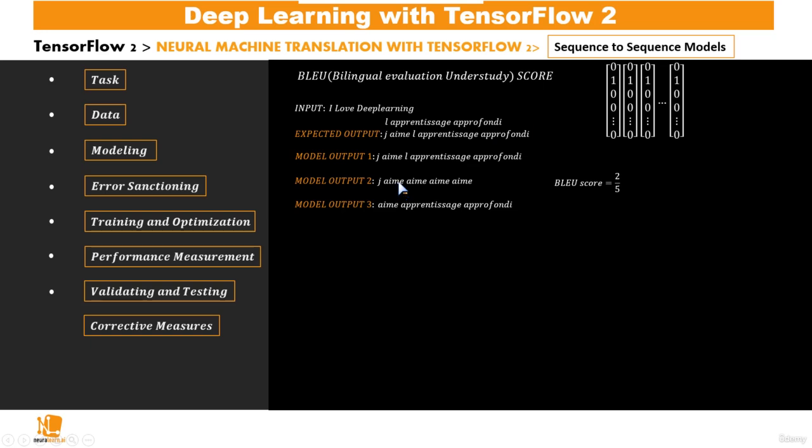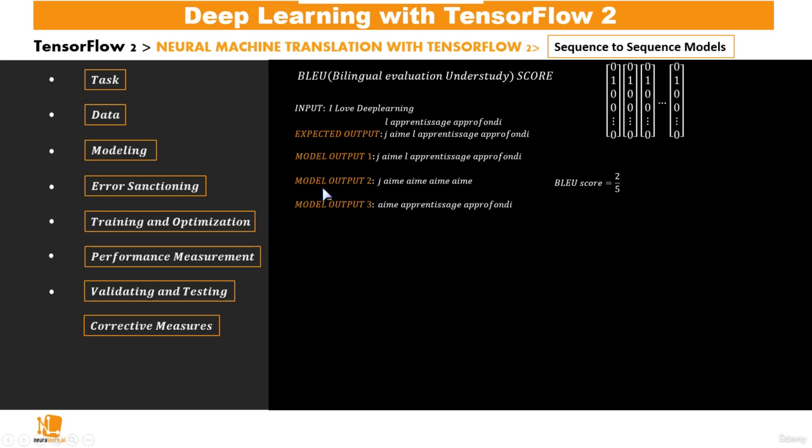And now we have just 2 which corresponded, and that's why we have 2 divided by the total number of model outputs. So here we have 1, 2, 3, 4, 5. So in the output right here we have 5, so we have 2 on 5, and our BLEU score equals 2 on 5.